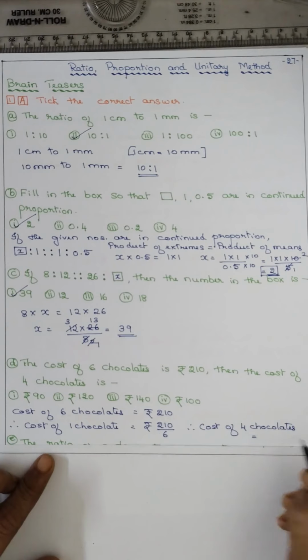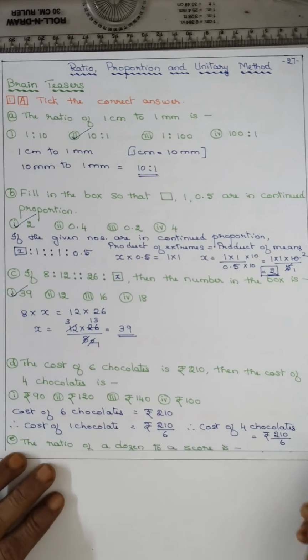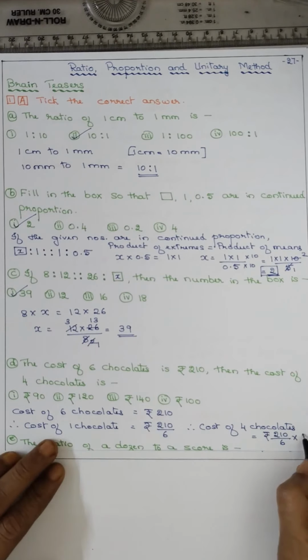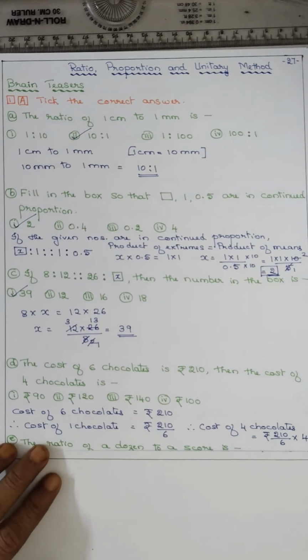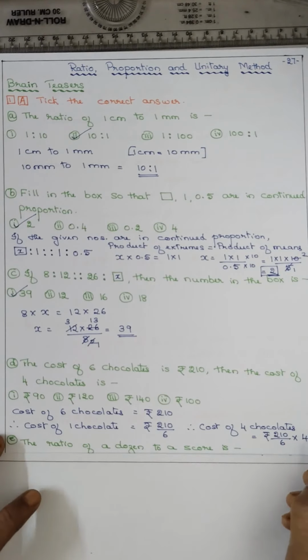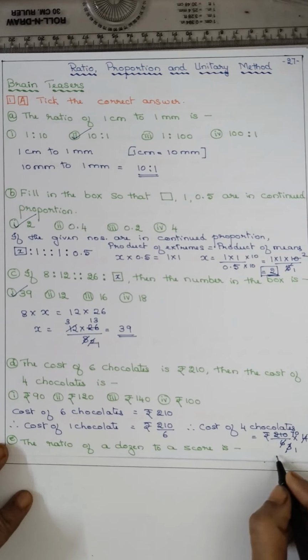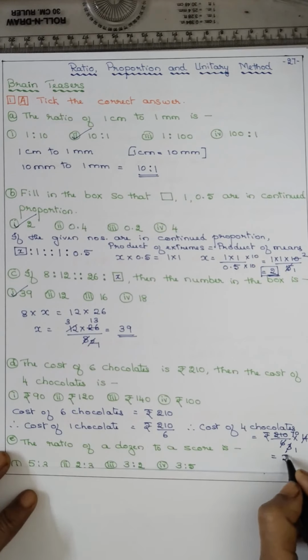Whatever answer you get you can solve, otherwise here cancellation is there, upon into 4 chocolates, this is for 1 chocolate, this is for 4 chocolates. It is 2 2s are 4, 2 3s are 6, 3 1s are 3, 7s are 21 and 0. So you get 70 into 2, that is 140. So answer is rupees 140.